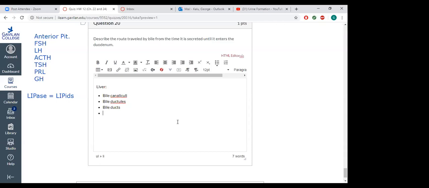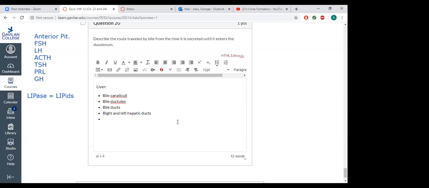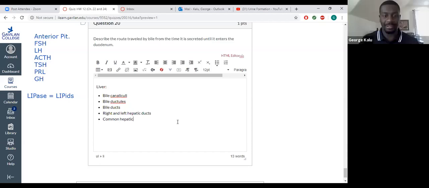The right and left hepatic ducts. Right. So the right and left hepatic ducts. And then from there, where is it going now? The common hepatic duct. So they'll join together to form the common hepatic duct.